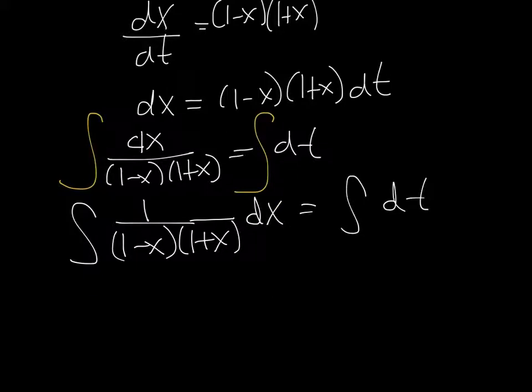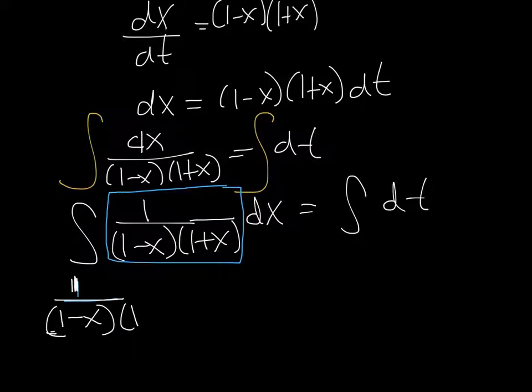Okay, so I want to focus on this guy right here. We want to rewrite this expression: 1 over 1 minus x times the quantity 1 plus x.